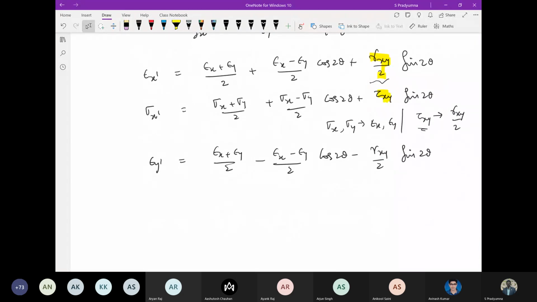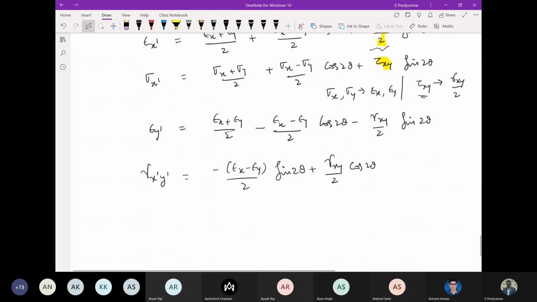And the equation for gamma x dash y dash, what is this equal to now? This is equal to minus of epsilon x minus epsilon y by 2 into sin 2 theta plus gamma xy by 2 into cos 2 theta. So this is the expression for the shear strain.